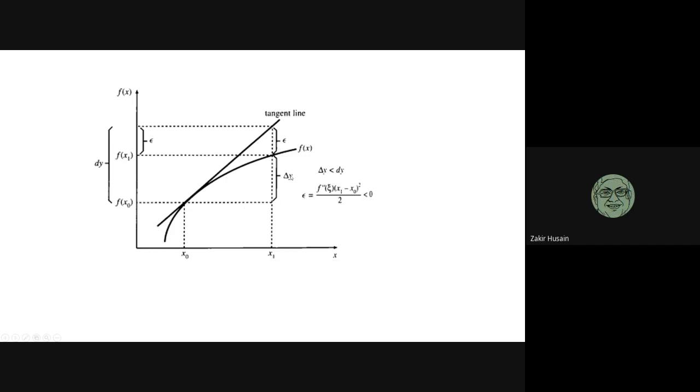It will be del y plus epsilon. You can see dy is equal to the actual value, which is del y, plus a residual term, which is a Lagrangian remainder. In case of a minimum, it will be del y minus epsilon.